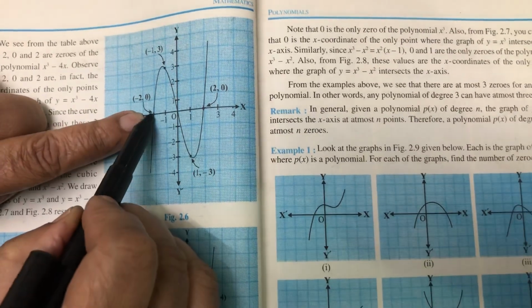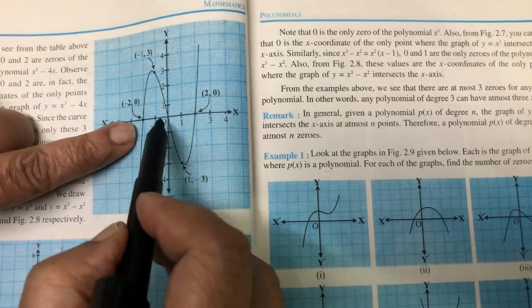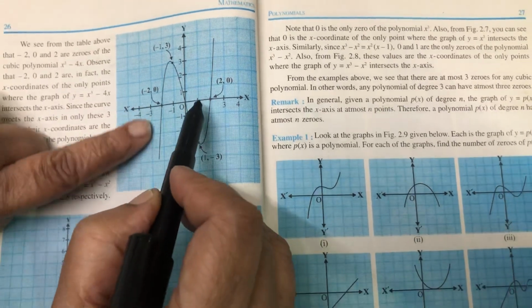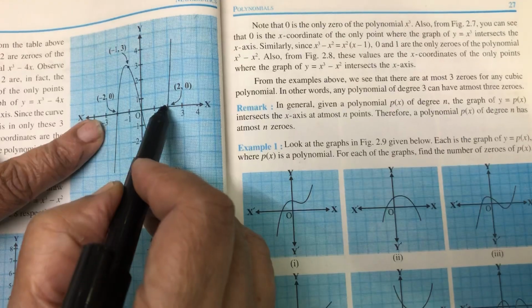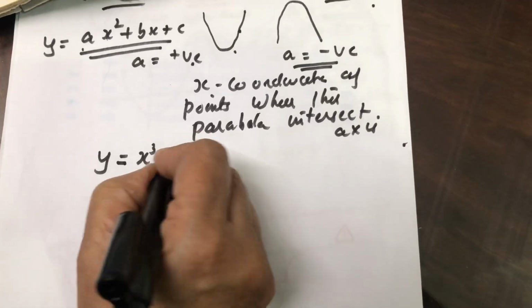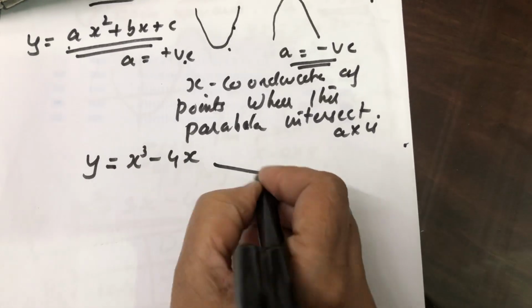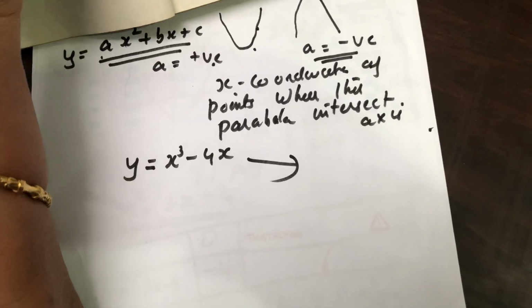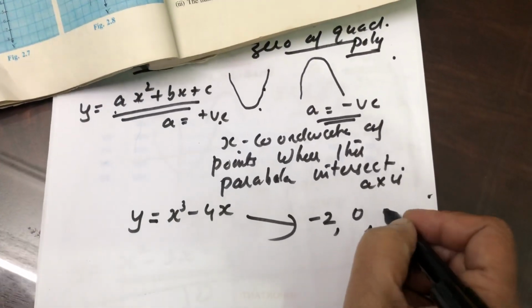So which is the x coordinate here? Minus 2. The x coordinate here is 0. The x coordinate here is 2. So for the cubic polynomial y equals x cubed minus 4x, from the graph you got -2, 0, 2.